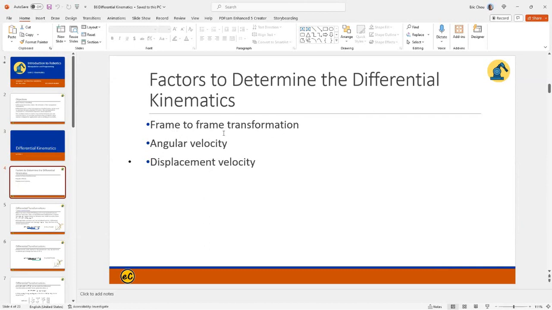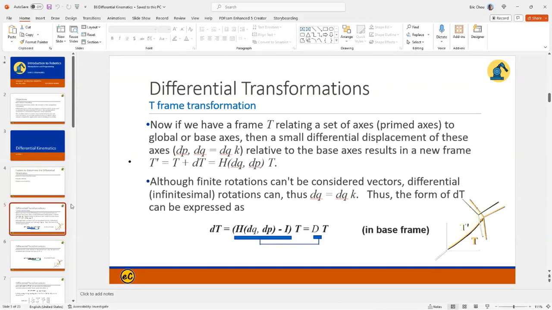looking at the frame-to-frame transformation, but this time we focus on angular velocity and the displacement velocity. So basically, you have the Denavit-Hartenberg table, and then you form the systematic solution for the transform matrix H. Now you have the relationship on these things, but you try to take the derivative on it. Your T prime will be T plus dT.